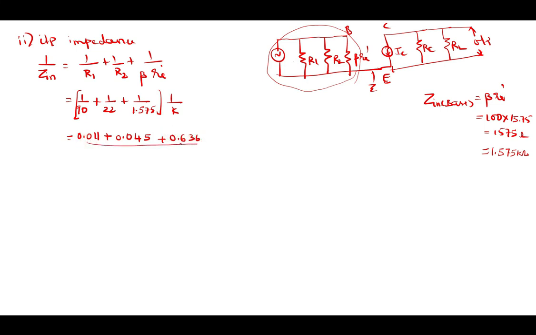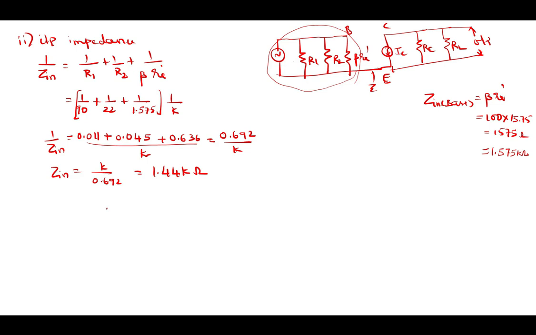This whole thing will be divided by kilo. Then this is 1 by Zin, which will be equal to 0.692 by kilo. Zin will be equal to K by 0.692. If I calculate this, I will get 1.44 kilo ohm.